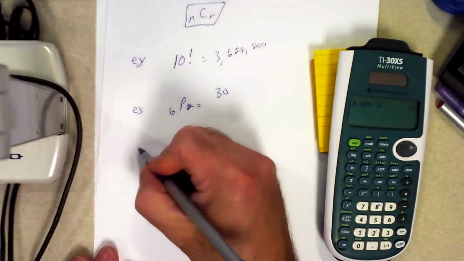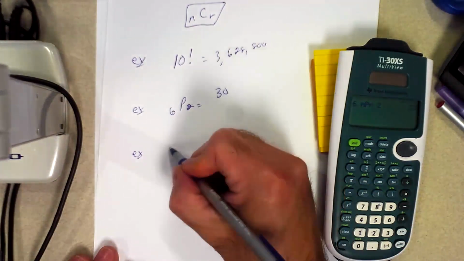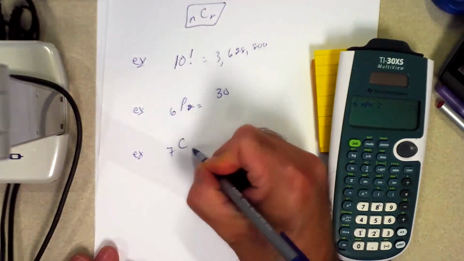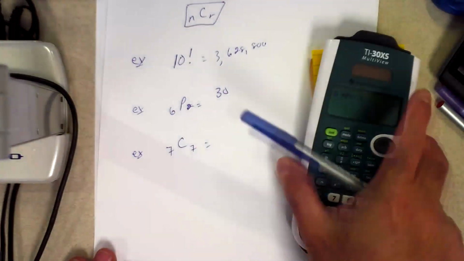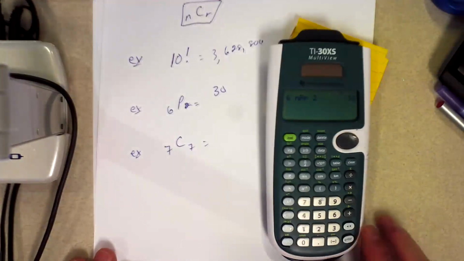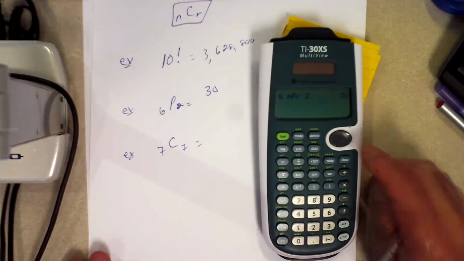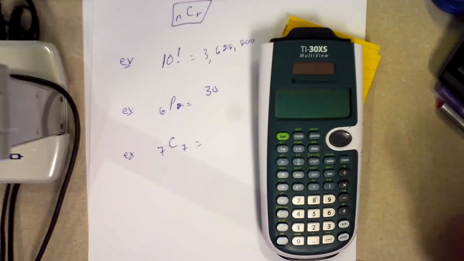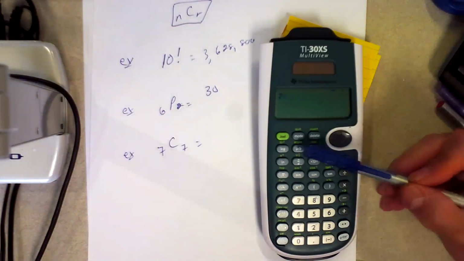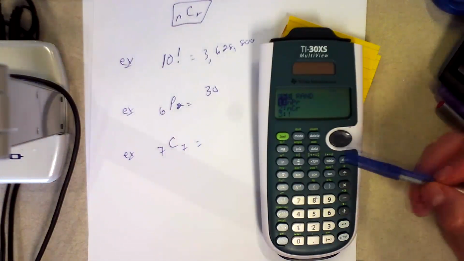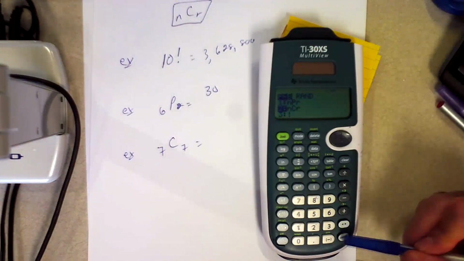Next one. How would you do 7C7? Let's do 7C7. Let me clear it. I'll put 7, PRB. I want the second option.